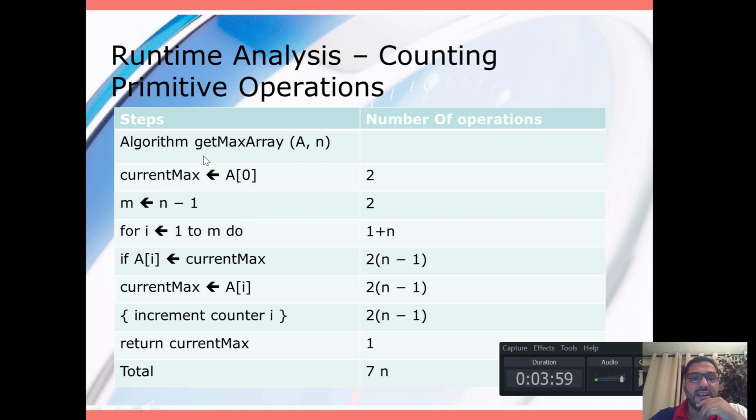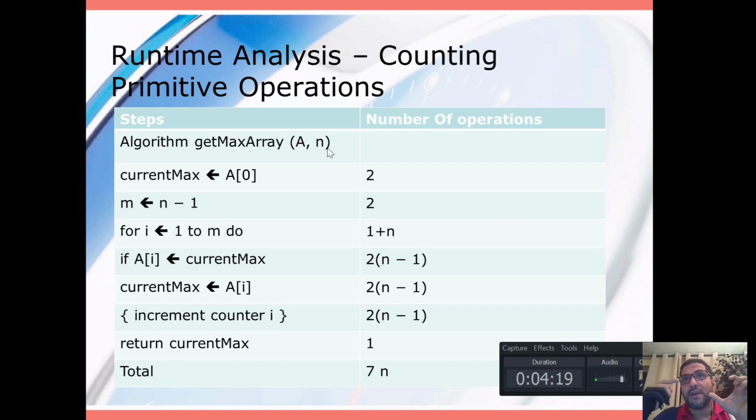Here I have a function called getMaxArray, which takes an array and the length of that array. This getMax function should give me the maximum element in that array. So basically what I should do is scan the whole array.